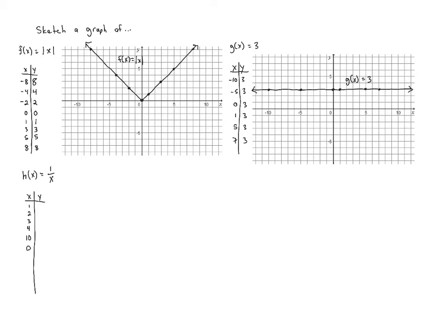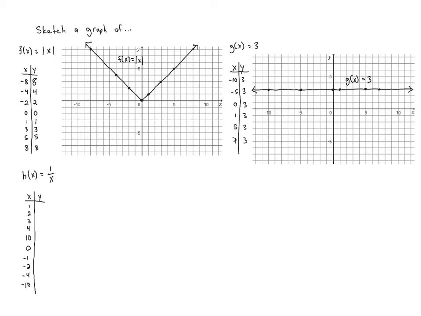Then we're going to pick 0, and then -1, -2, -4, and -10. However, we're going to end up picking even more values later. This is a more complicated graph, and so it's really important that we've got a lot of values so that we can figure out what this graph is going to look like.